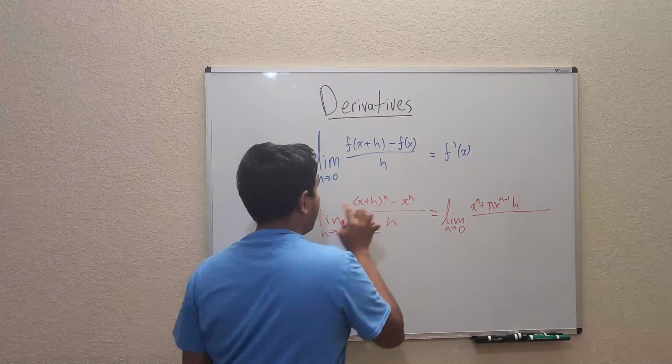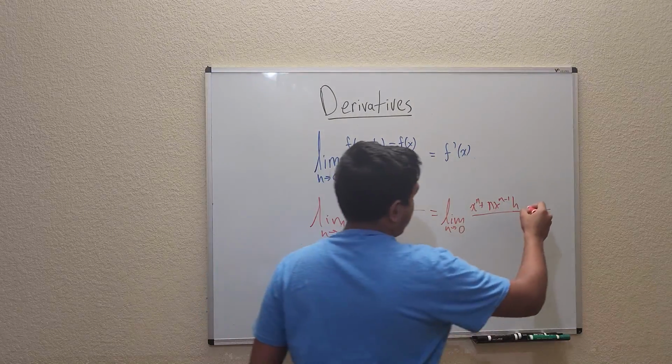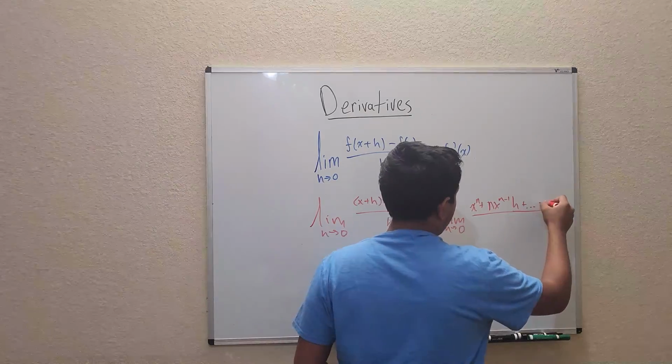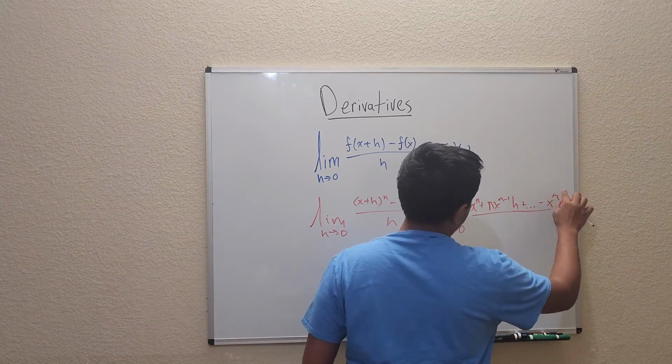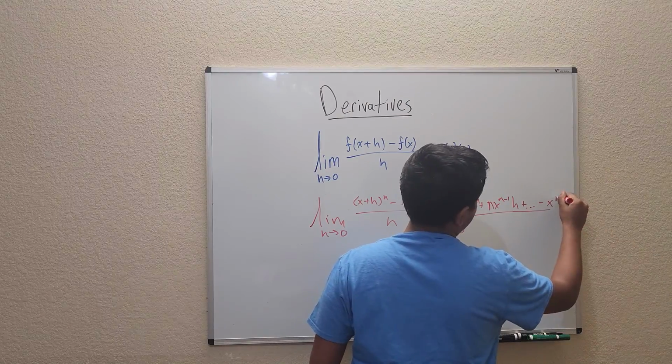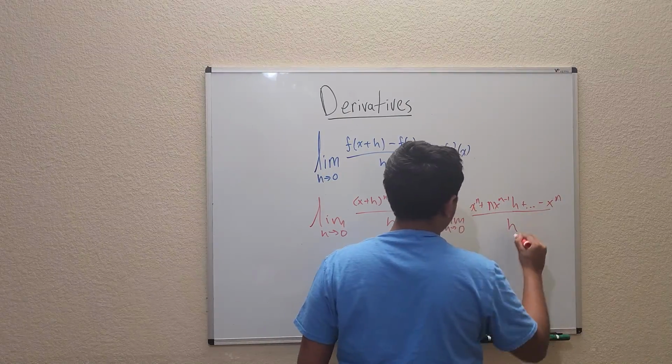Now, everything else in here is useless, and I'll explain why. So I'll just write a plus dot dot dot minus x to the n, all over h.